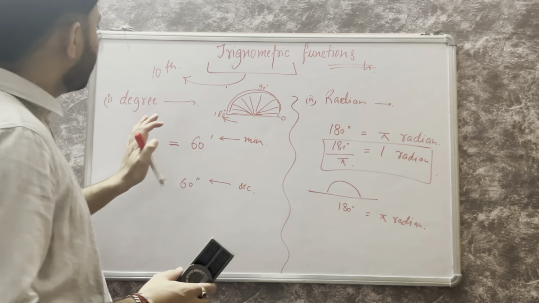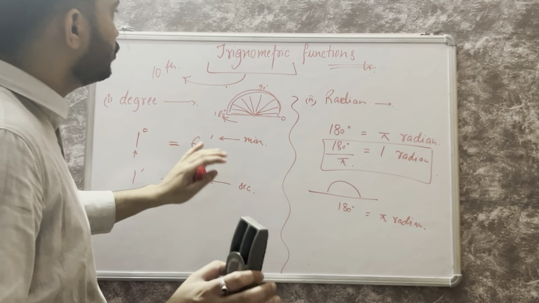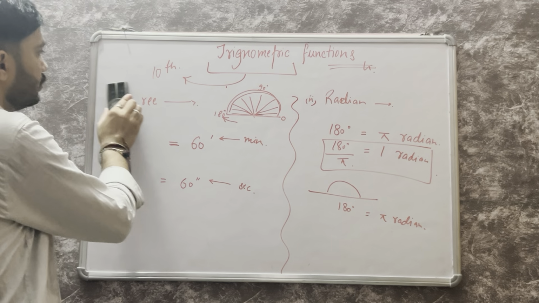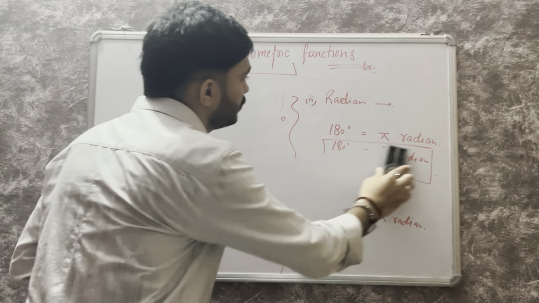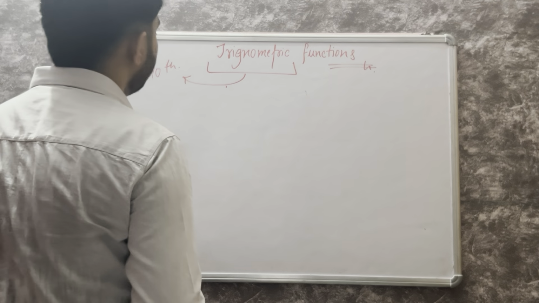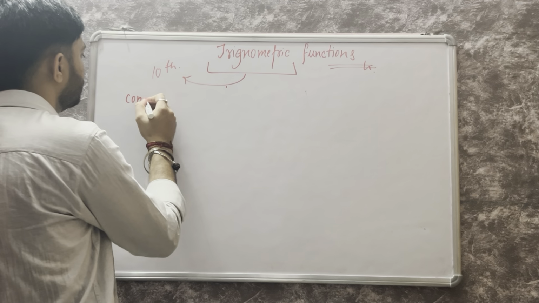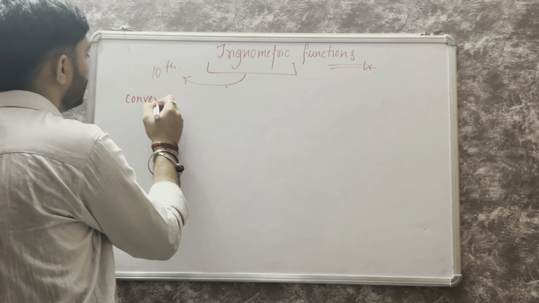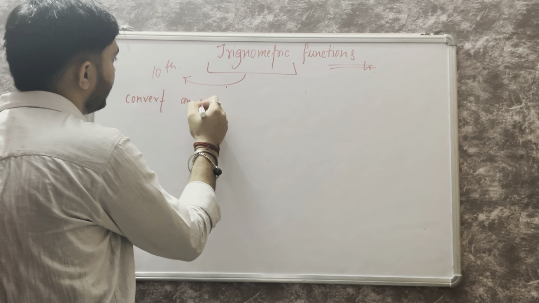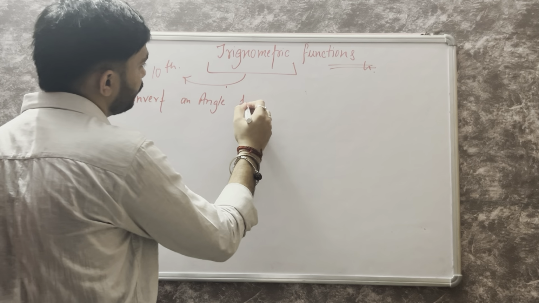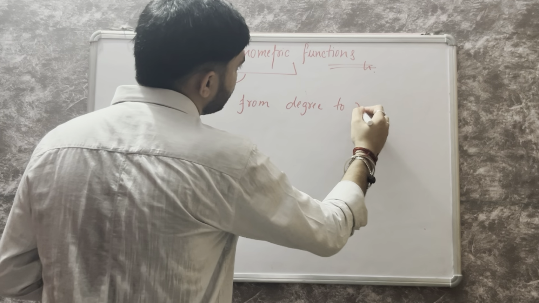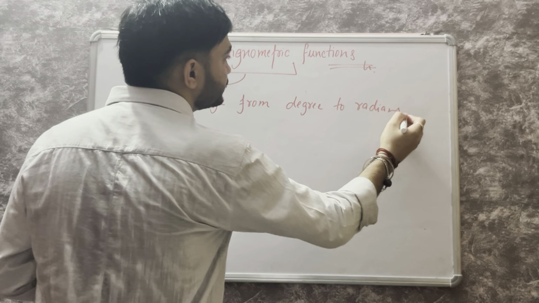Since we have got a deep knowledge of how to measure an angle in degree and radians, now we are going to study how to convert an angle from degree to radians.